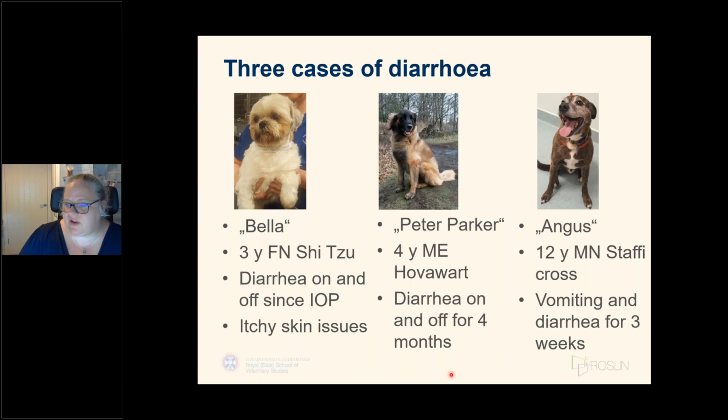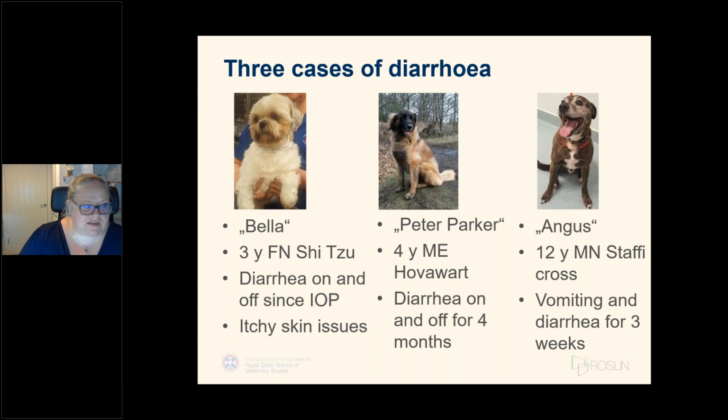Still, that would obviously be classified as chronic. And then we've got Angus here, who is the oldest of the three. He's 12 years old, and he has 3 weeks of vomiting and diarrhea. So that is just about the threshold of where we talk about chronicity, so chronic diarrhea.